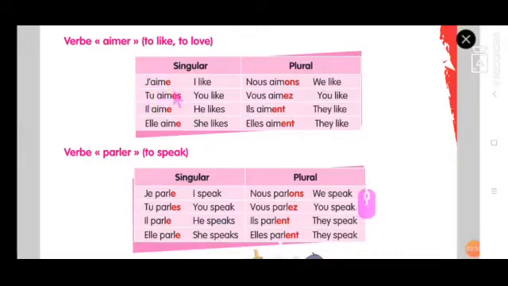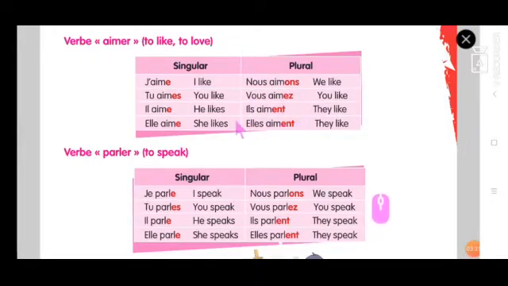So j'aime. The same way, if it is tu, the ending should be ES. The radical will be the same throughout all the subjects. J'aime, tu aimes, il aime, elle aime, nous aimons, vous aimez, ils aiment, elles aiment.